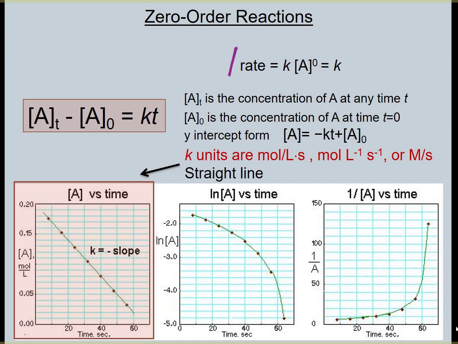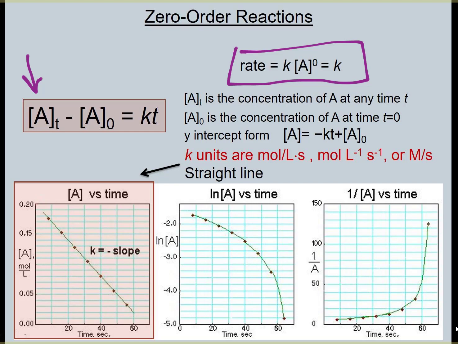So I can list my rate law as rate is equal to the rate law constant. Let's look at the integrated rate law, which says that the concentration at some time, or the final concentration, minus the initial concentration will be equal to the rate law constant times that time.